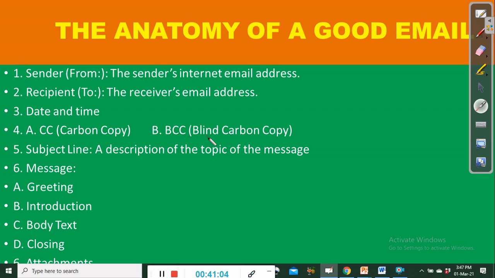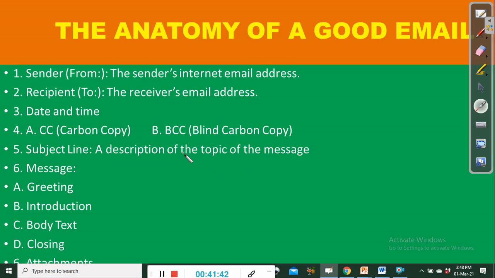You send this privately to someone, and other recipients are not known to the BCC recipient here. But the person who received the CC copy knows everything about the email and even to whom the email has been sent additional copies.